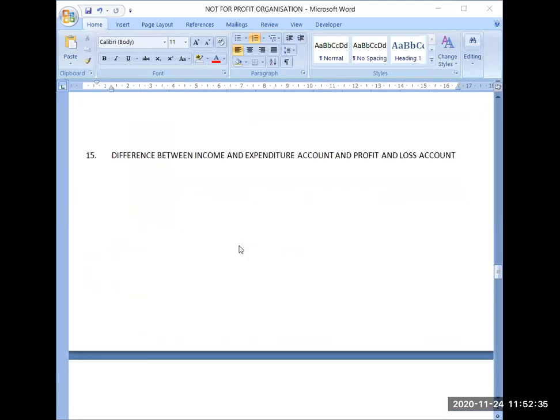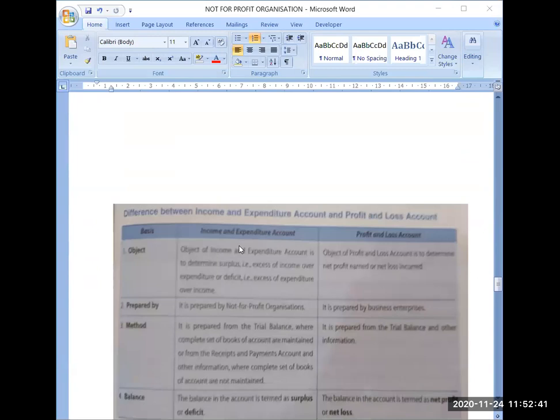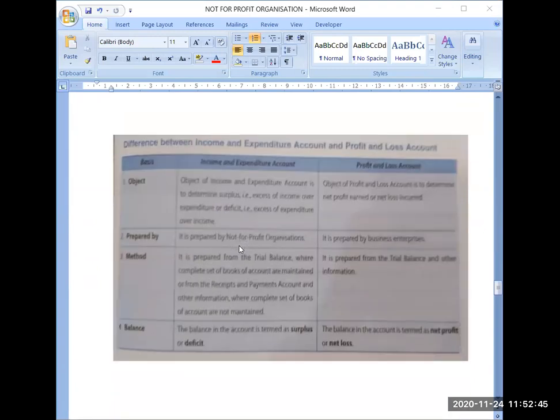Now, difference between income and expenditure and profit and loss. However, a lot of similarity is there regarding income and expenditure and profit and loss. So see the difference between income and expenditure account and profit and loss account. First difference is regarding object.